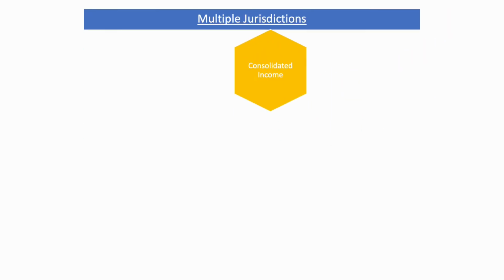All right, so moving on to the entities which have multiple jurisdictions. Any entity that has multiple jurisdictions should report the consolidated AETR. So they should calculate the consolidated income of their worldwide jurisdictions and then apply a consolidated AETR to that consolidated income.